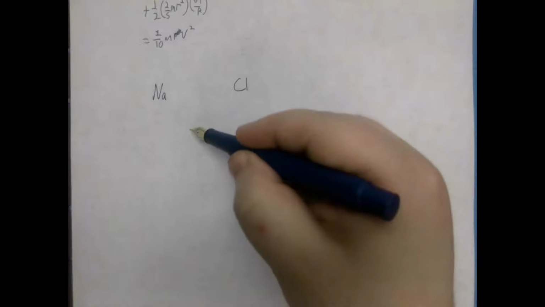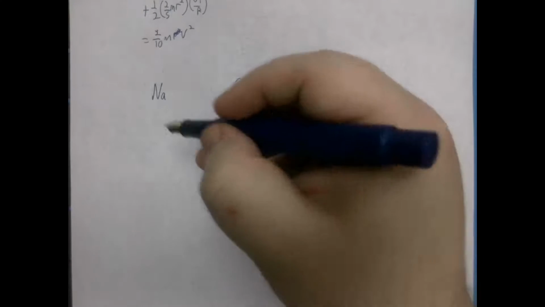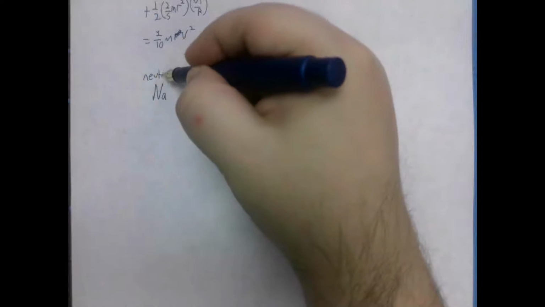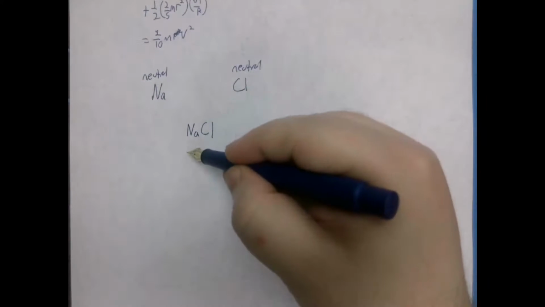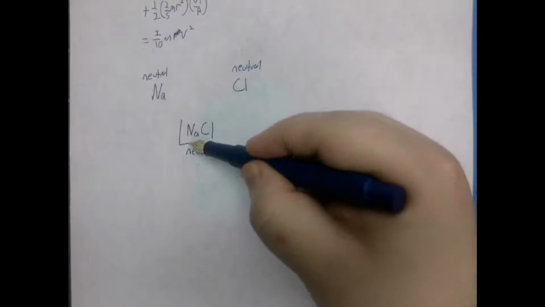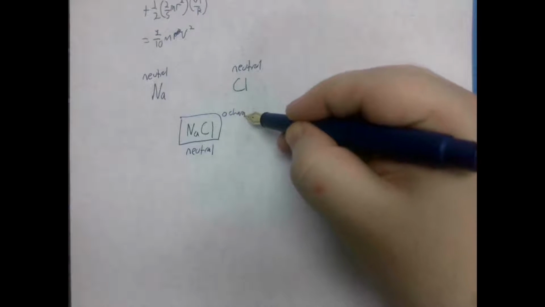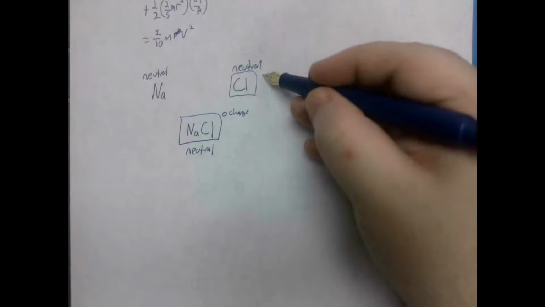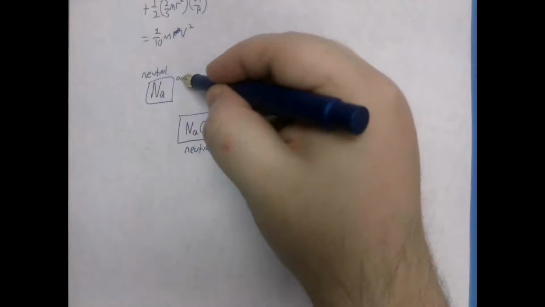When they come together and form a compound, this is neutral. This is neutral. And when they come together, it's also neutral. So there is a 0 charge on this. And there's a 0 charge on this. There's a 0 charge on this.